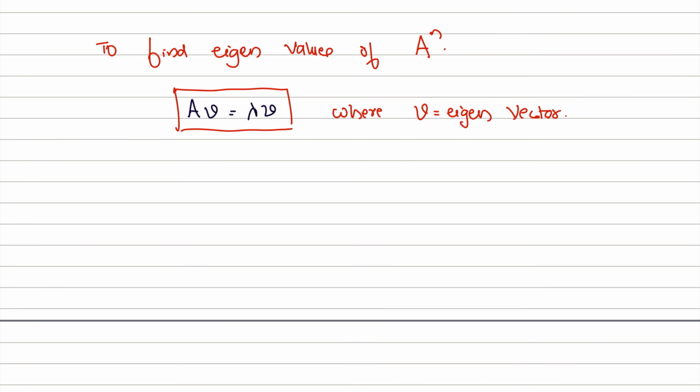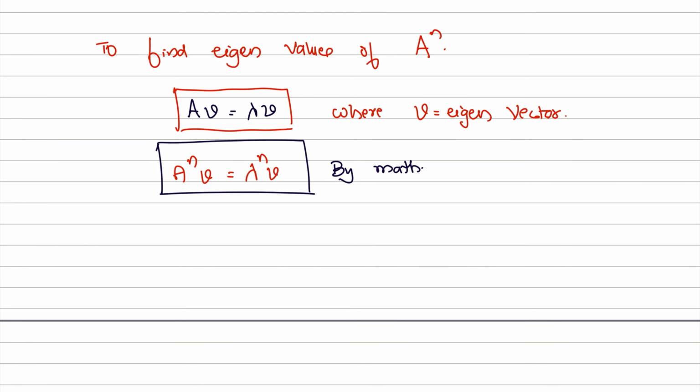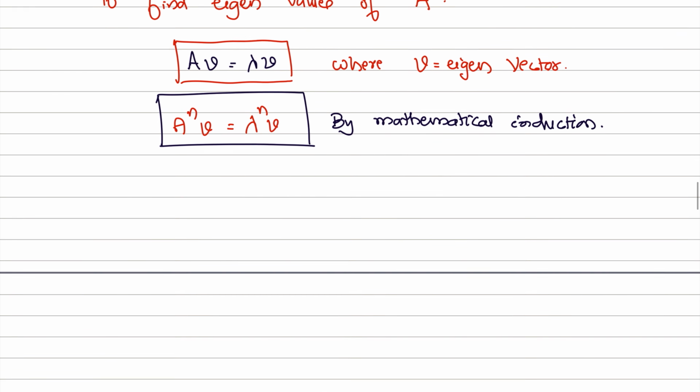But we have to find out A to the power of n is equal to how much? By the mathematical induction, we can prove that A to the power of n into V is equal to lambda to the power of n into V. By mathematical induction principle, you apply the mathematical induction.